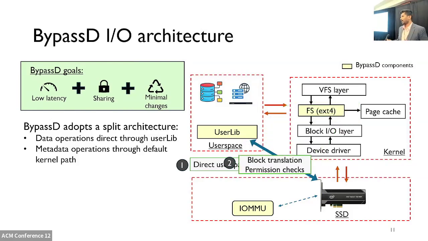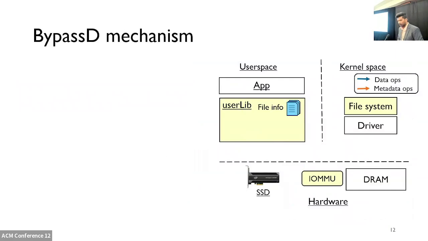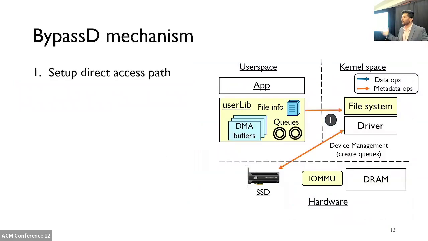Second, I mentioned that we want the device to be shared, and so we enforce security and permission checks in the hardware by offloading some of these tasks to the IOMMU. To better understand how we do this, I'll use an example. If a process wants to access files directly, it'll initially set up what we call the direct access path.